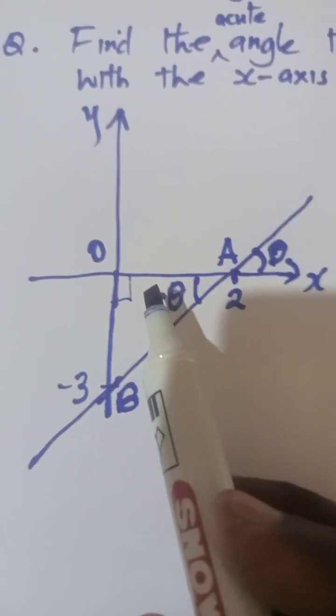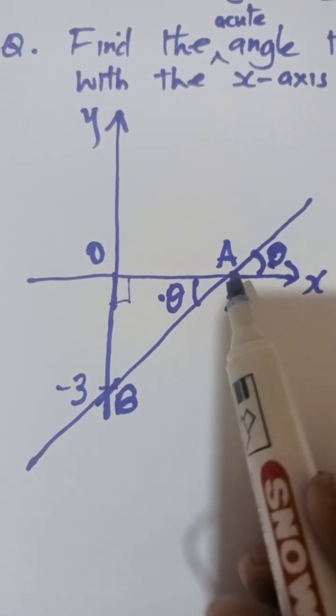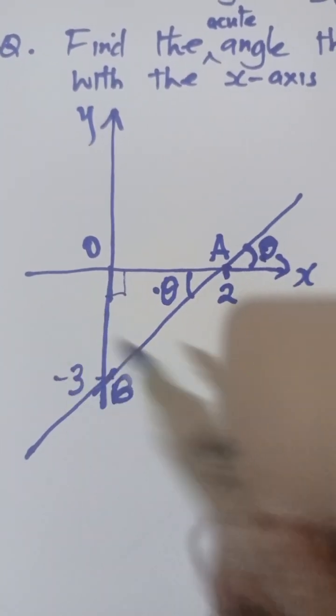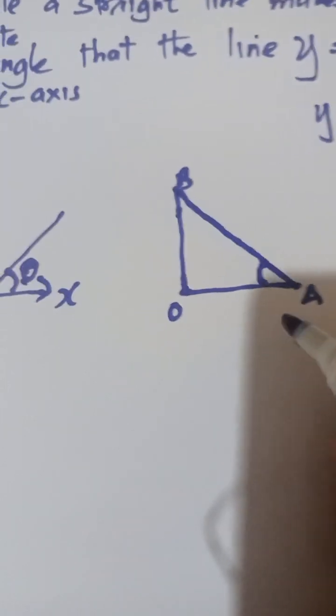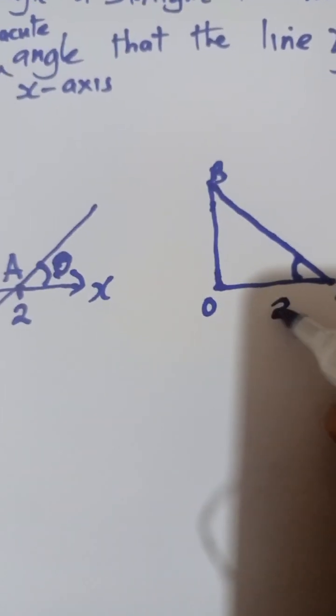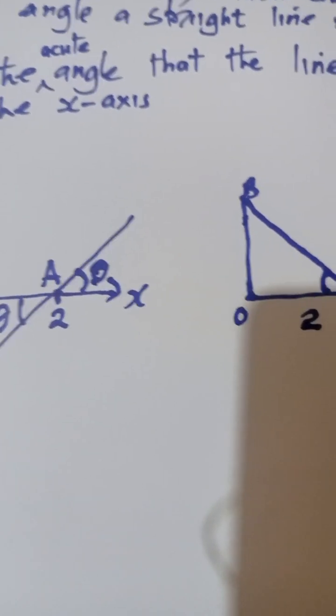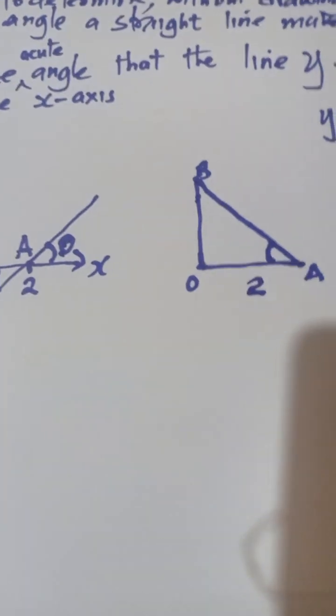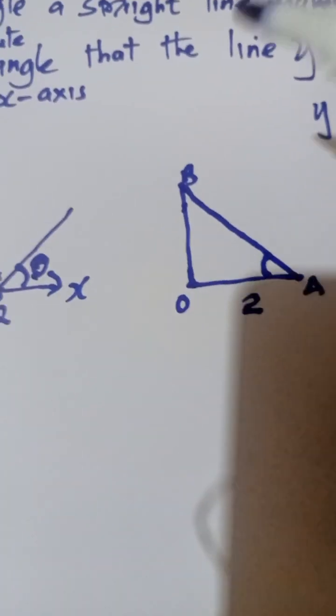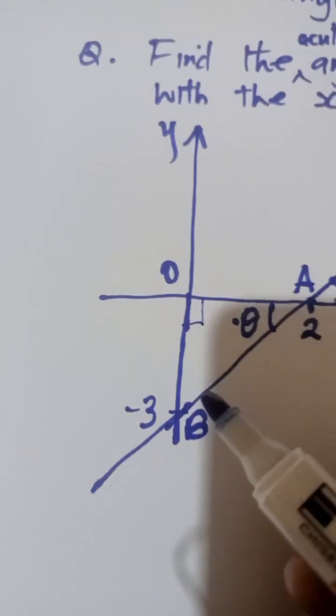The x-intercept, that is OA, is 2 units from the origin. So the length of OA is 2 units. It could be 2 meters, 2 centimeters, 2 inches, and so on.